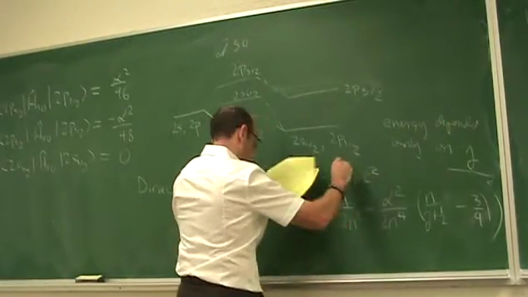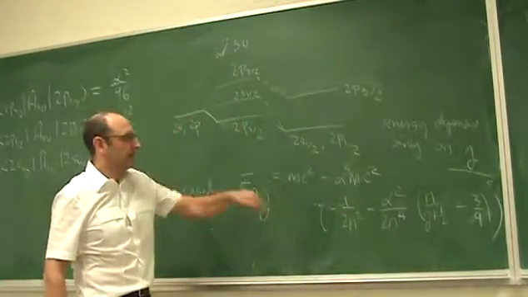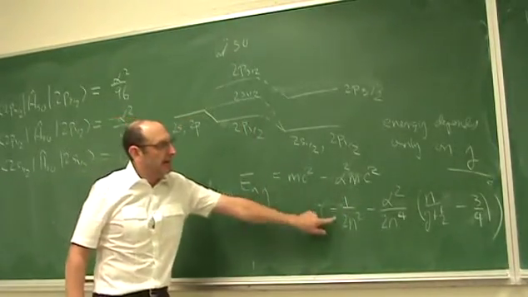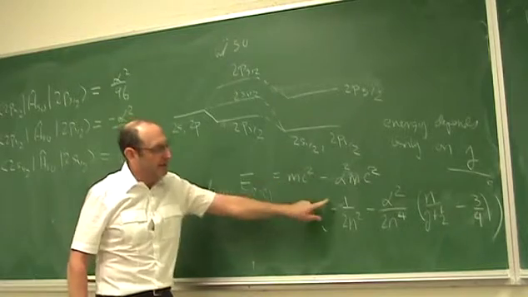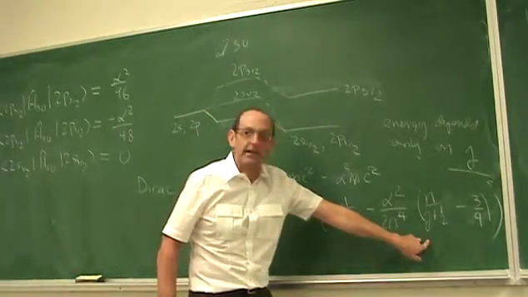What you see here is, this is the rest mass energy, this is the usual Coulomb energy, and this energy is the correction term.